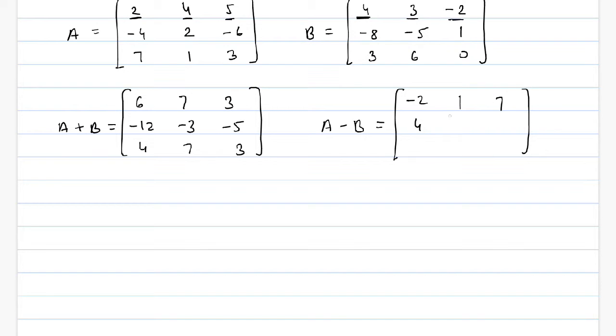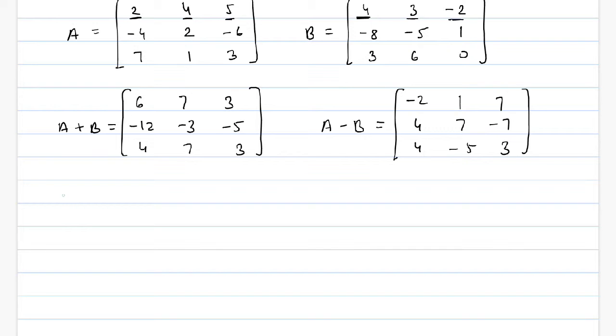We'll have 4, we'll have 7, minus 7, 7 minus 3, we'll have 4, minus 5 and then 3. So in this manner we can add or subtract two matrices of the same size. If the size is different, we will not be able to add or subtract.